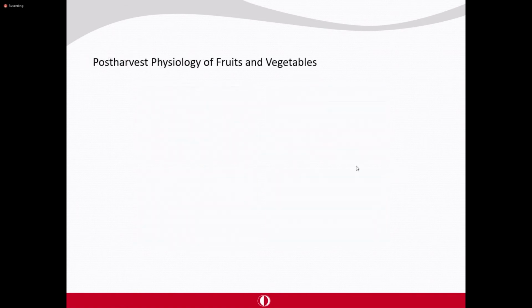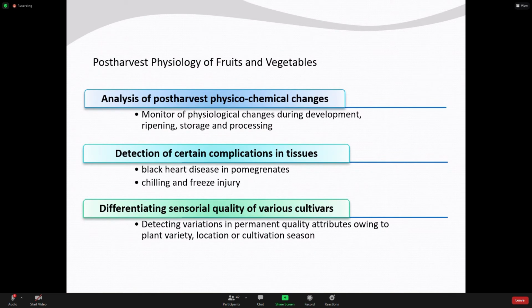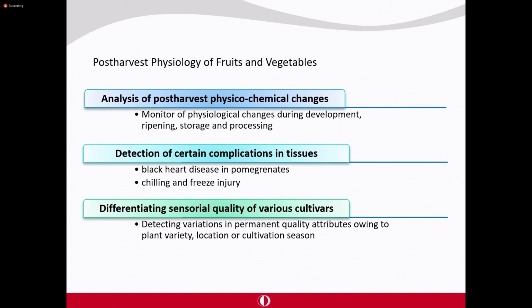So let me show you some examples. For post-harvest physiology, to monitor the physiological change during development, like ripening, storage, and processing stages, we can use NMR relaxation times because during ripening, the compartmentalization in the cells changes. Thus, it can easily be reflected in the relaxation times.